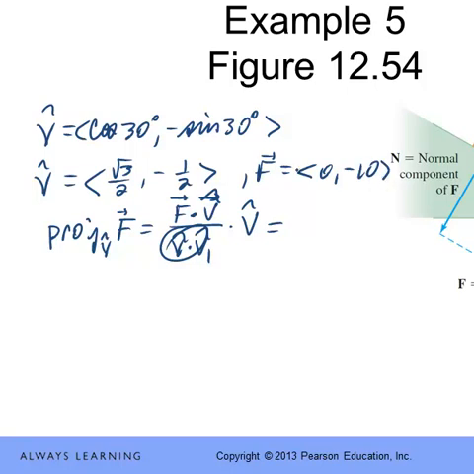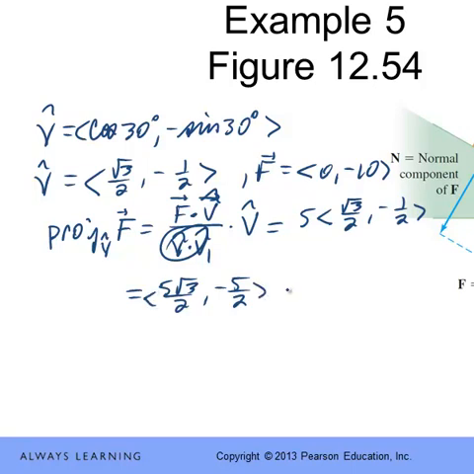So when we take the dot product, you'll have square root of 3 over 2 times 0 plus negative 1/2 times negative 10, which is 5. So you've got 5 over 1, which is just 5, times V hat. And V hat, of course, is square root of 3 over 2, comma, negative 1/2. So the projection is going to be 5 root 3 over 2, comma, negative 5/2.